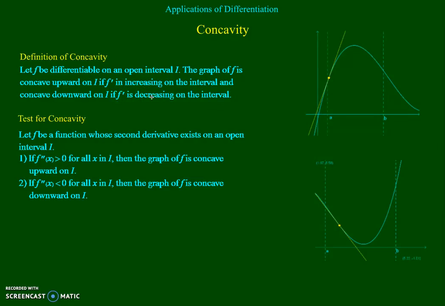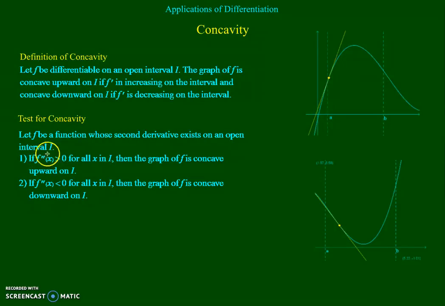Now, to test for concavity, we're dealing with, in essence, the rate of change of the rate of change. The first derivative is a rate of change, and we're looking at the first derivative either increasing or decreasing. That's the rate of change of the first derivative, which is the second derivative.